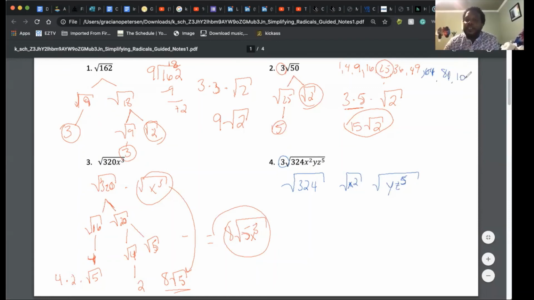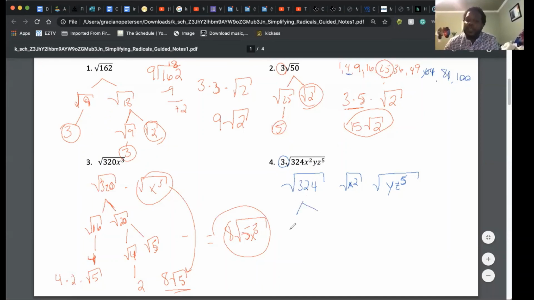Do you know if any of those go into 324 evenly? Maybe there might be a bigger number that goes into 324 evenly, but I know that 4 goes into 324 evenly because 4 goes into 32 and 4 goes into 4 evenly.